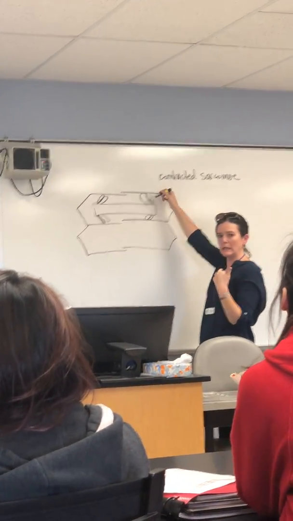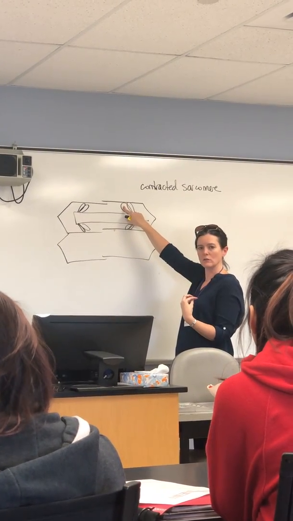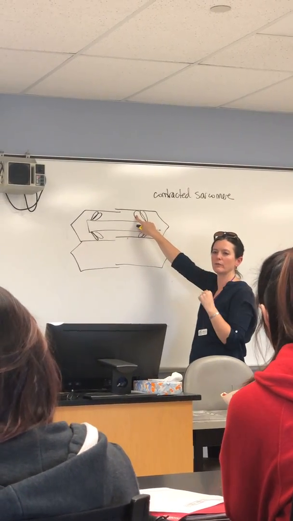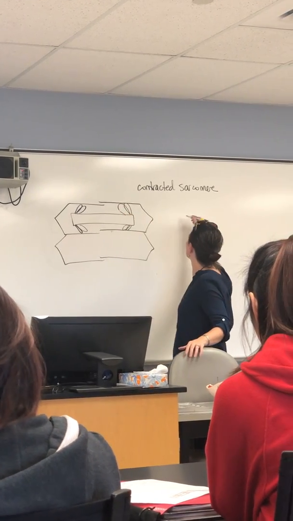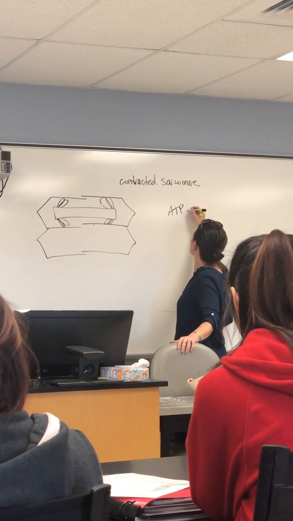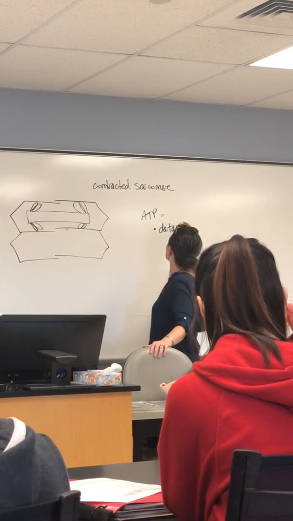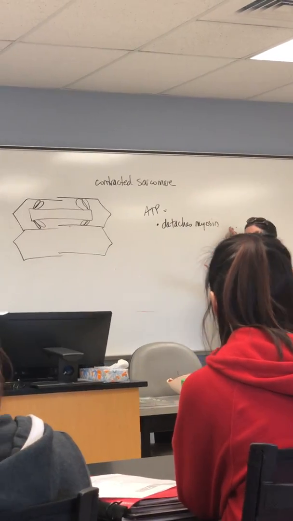So ATP binds to the myosin head and makes it detach. And then, Karen, what else do we use that ATP for? It says the myosin head, which also acts as an ATPase, an enzyme, catalyzes the breakdown of ATP into ADP plus phosphate plus energy. There you go. So ATP has two roles.